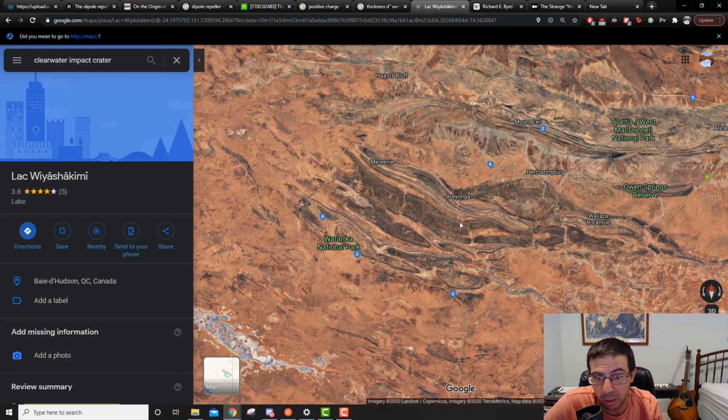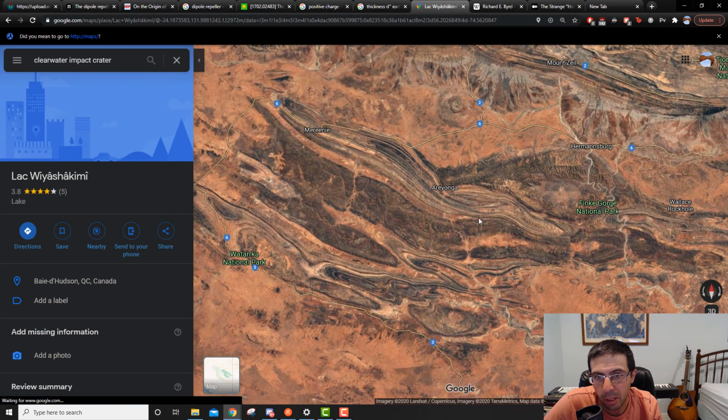The whole region is just lava flows. And in these regions of clearly lava flow, they find shatter cones or shocked quartz, and guess what? Somehow impact, even though it's clearly lava flow.